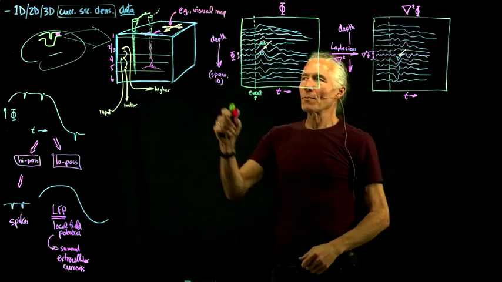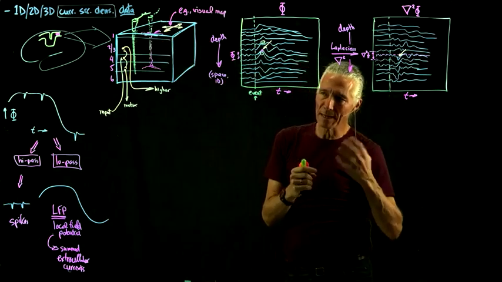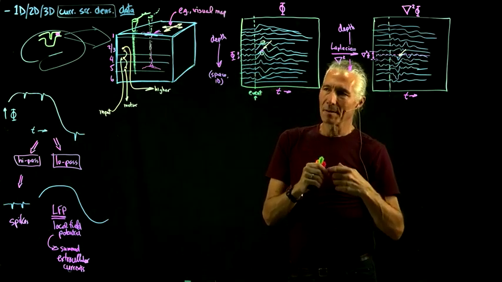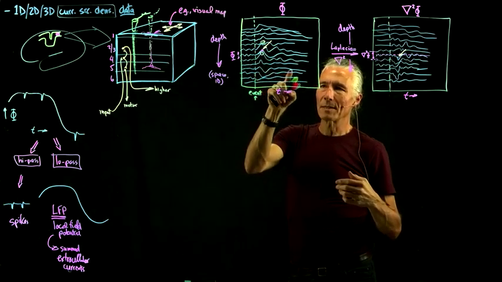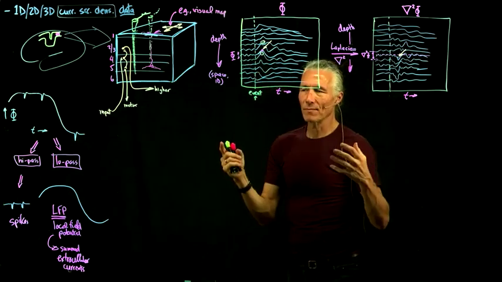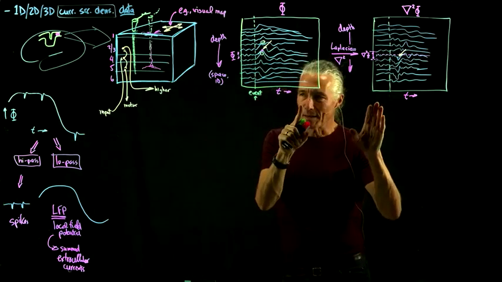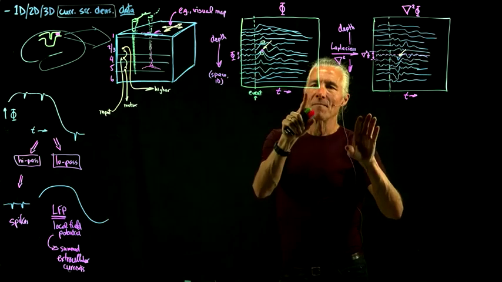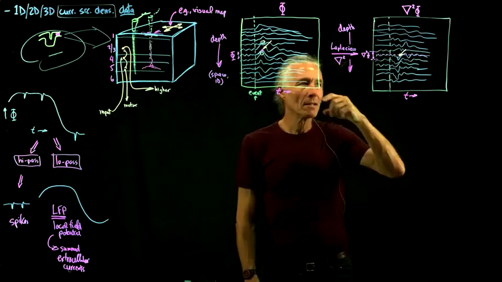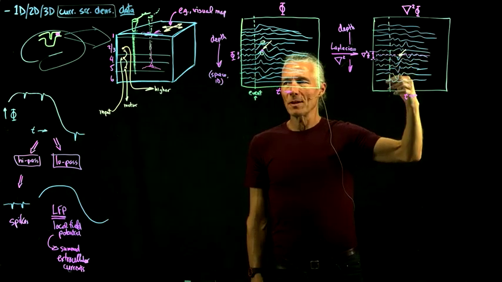So if you take the electrode out of there, go to some other part of the visual map, make sure that you're stimulating the part of the retina so that you get a response. Obviously, if you don't stimulate the right part of the retina, you won't get a response. But if you just make a big flash that covers the whole retina, and then do the exact same thing again, what you'll generally find is it looks pretty similar. There'll be the same kind of current source density changes with depth.